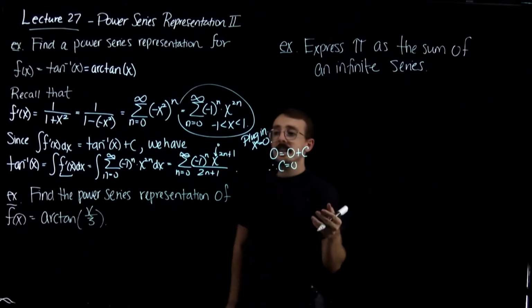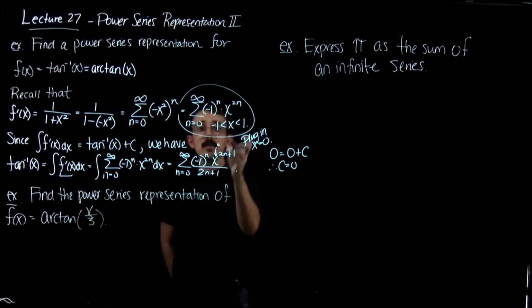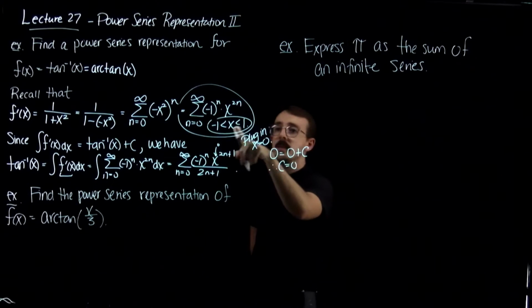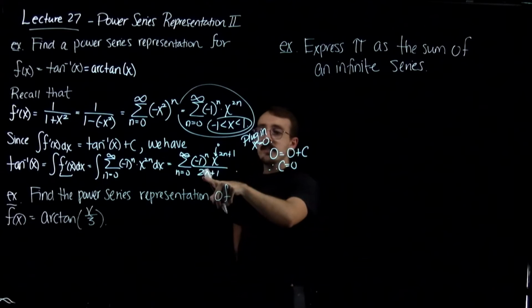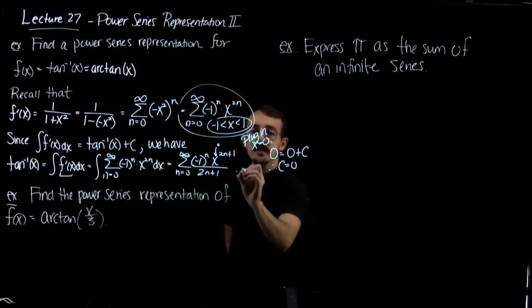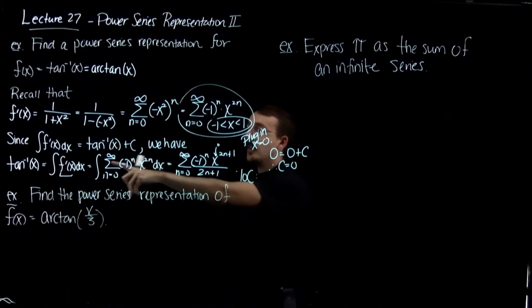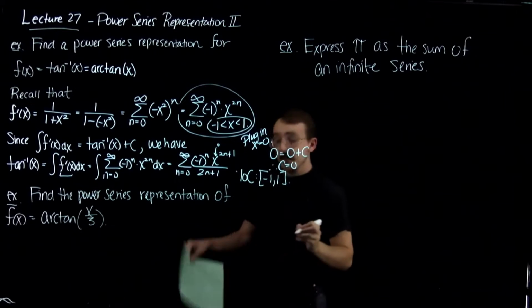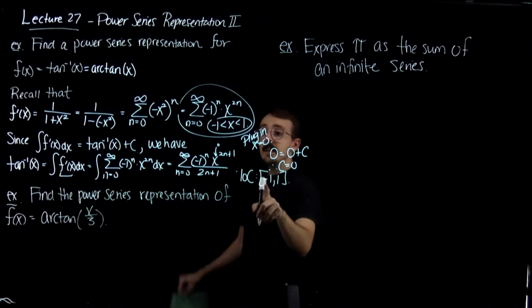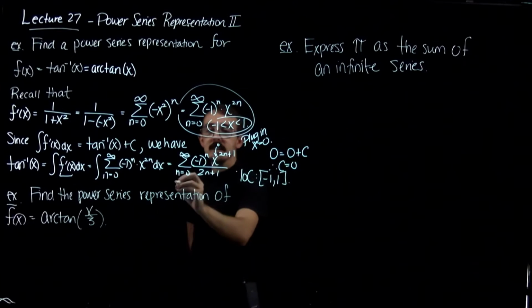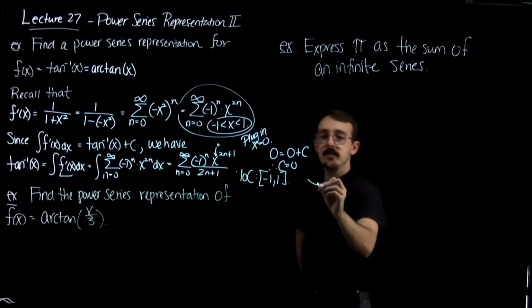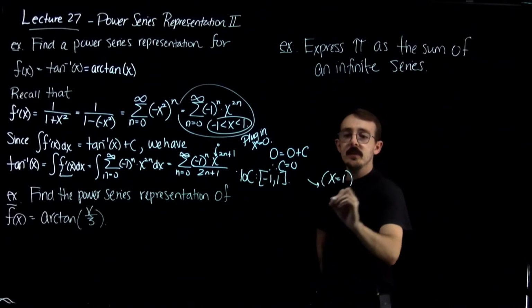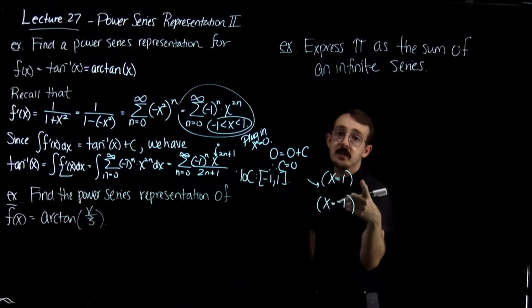One last thing I'd like to point out is that the interval of convergence for this series here was from negative 1 to 1. However, the interval of convergence for arctan of x is going to be from negative 1 to 1 inclusive. That's because if you let x equal 1 or x equal negative 1, I'll do the first one.